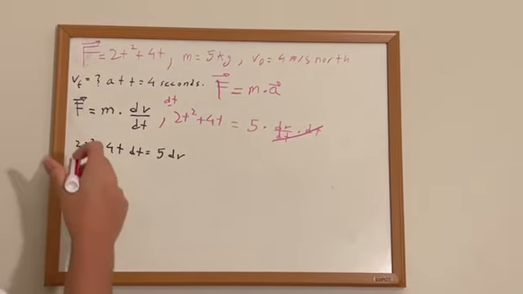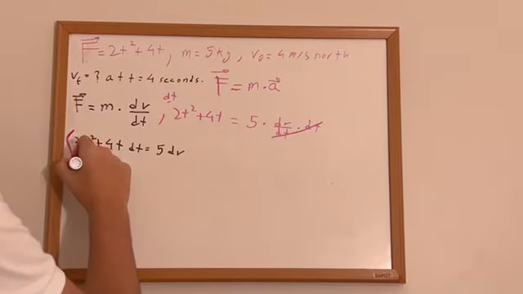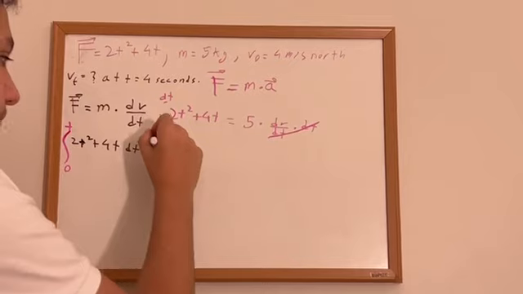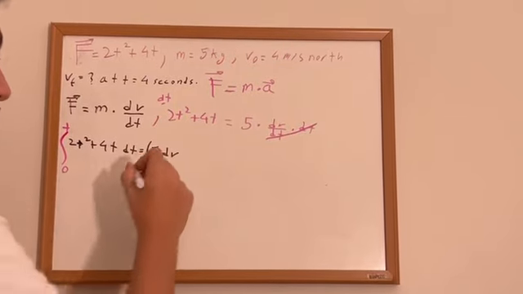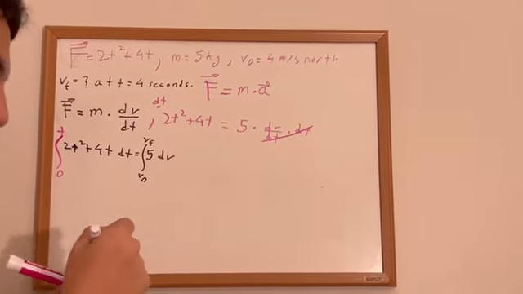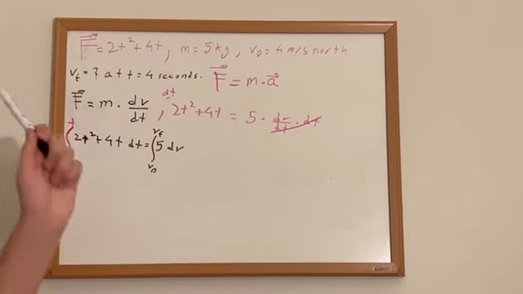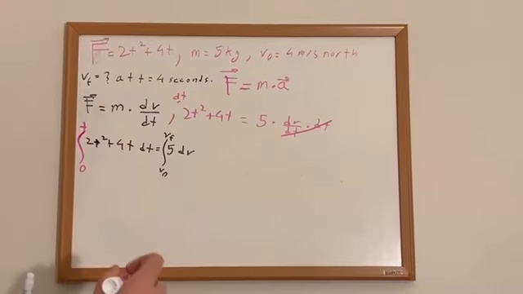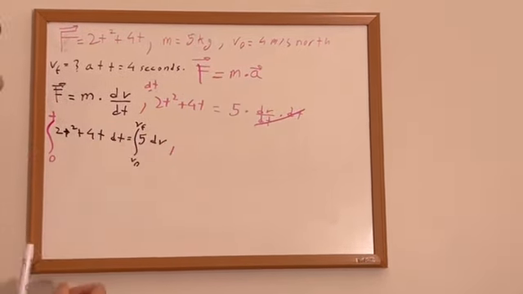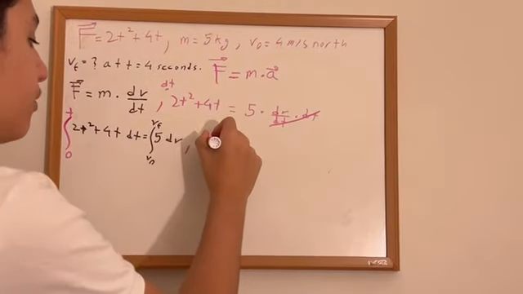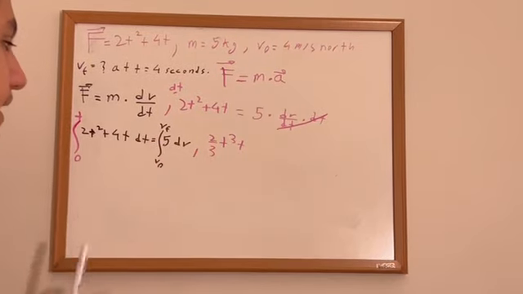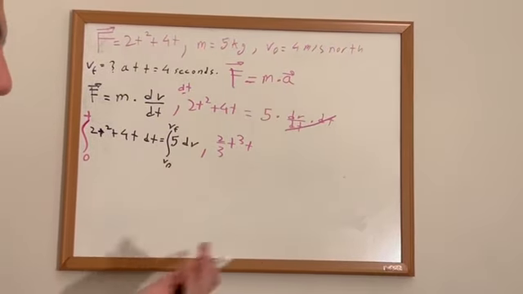I'm going to integrate the left-hand side from 0 to t, and the right-hand side, because it's the variable dv, the velocity, from the initial velocity v0 to v final. So what do we get? When we integrate using the power rule, we get 2/3 of t cubed plus, integrating 4t, 2t squared.